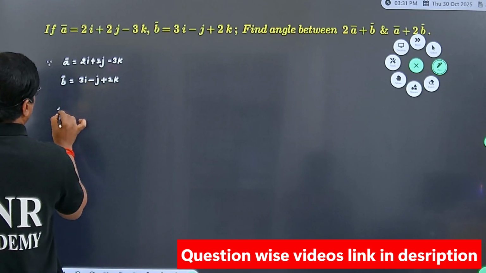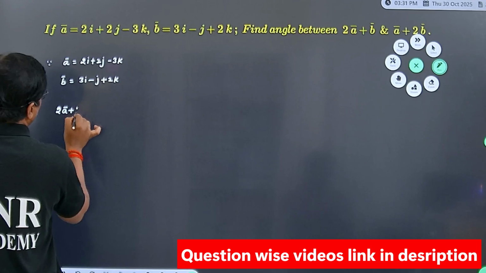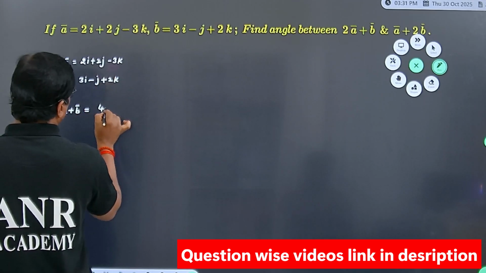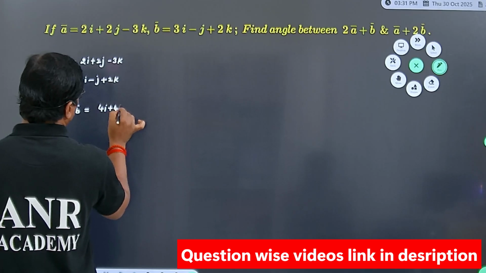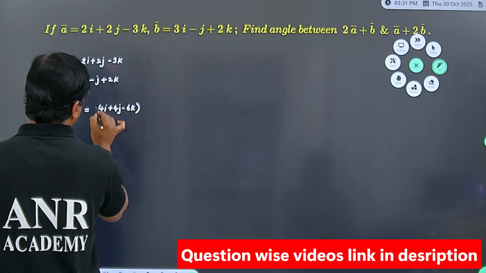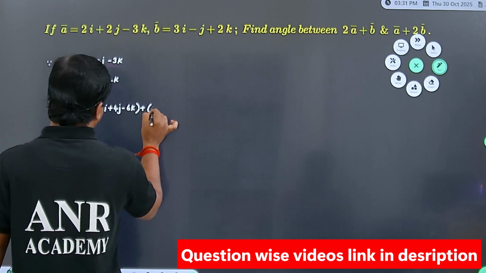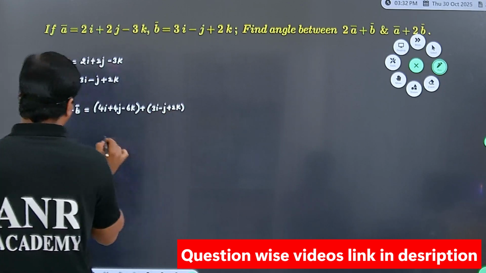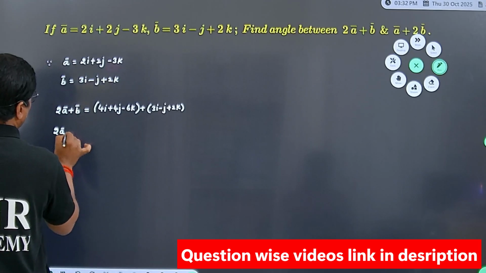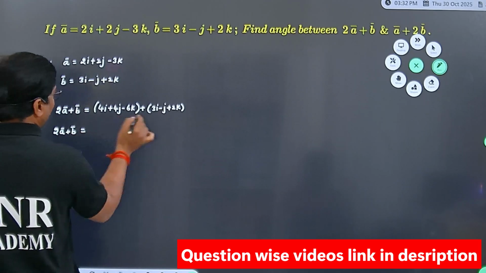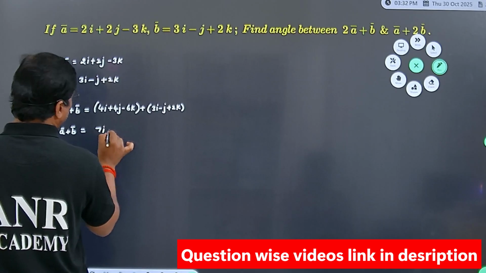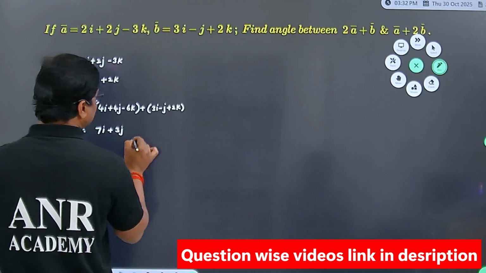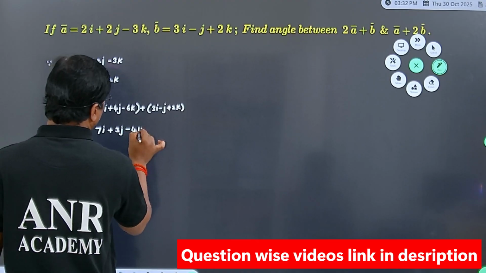Now you can find 2a plus b first. 2 times of a is 4i plus 4j minus 6k added by b vector 3i minus j plus 2k. Now 2a plus b becomes 4i plus 3i is 7i, 4j minus j is 3j. Next minus 6k plus 2k, that is minus 4k.